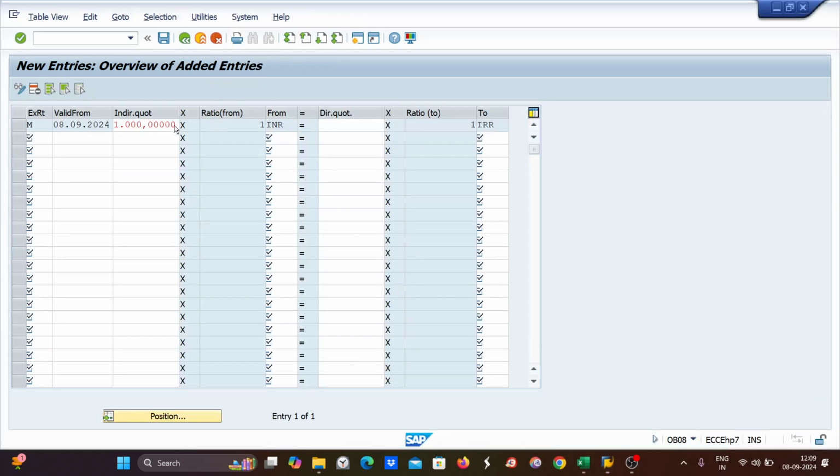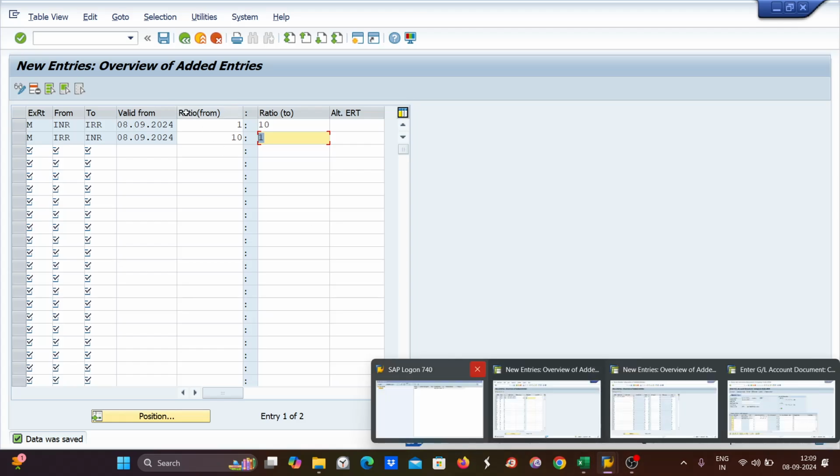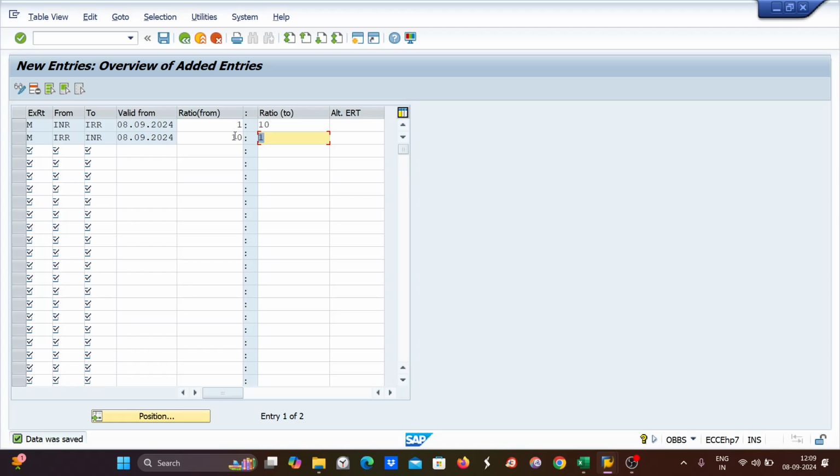First OB08. Here SAP came to know that okay, the rate is 1000. Fine. Then SAP will check the translation ratio. After coming to the translation ratio, SAP came to know okay, when it is IRR to INR, then I have to multiply by 10. Correct? Because the ratio is 10:1. So SAP will make the calculation in the background itself.